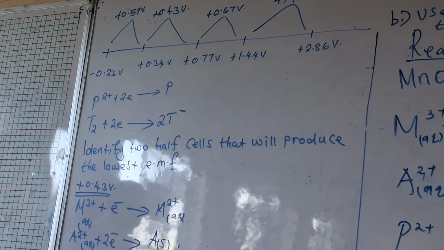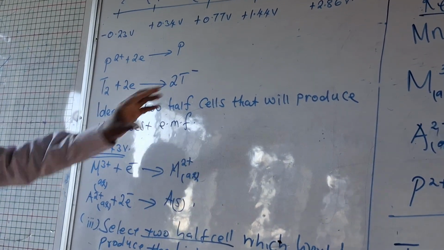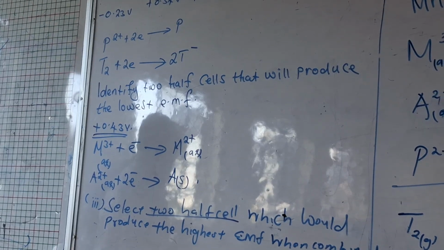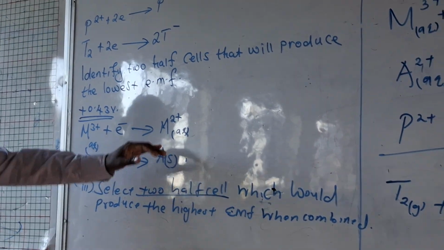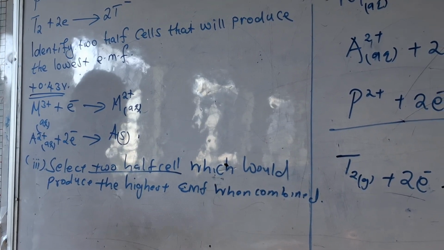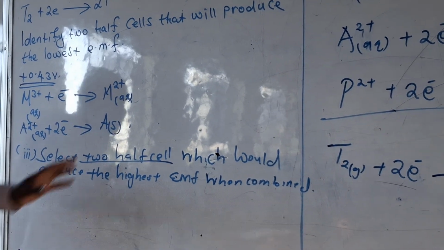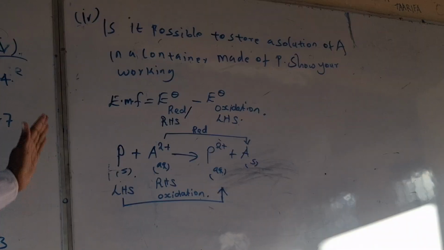And when you are told about the half cell, make sure you write the whole equation the way it is. Unless you have been told electron. If it is electron, you write only one symbol. If it is M2 positive alone. If it is A, you write A alone. If it is electron. But half cell, you write everything. Are we together? Good.